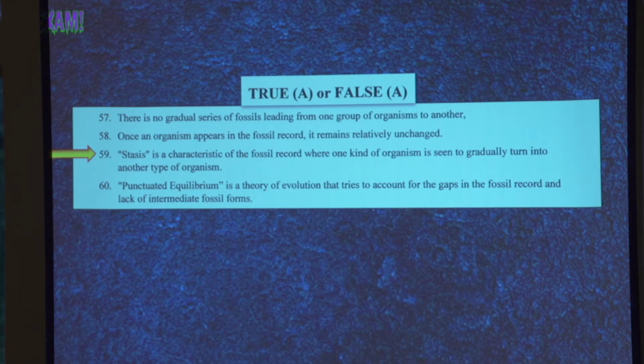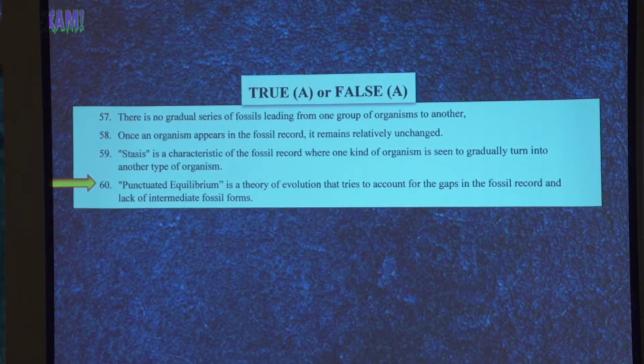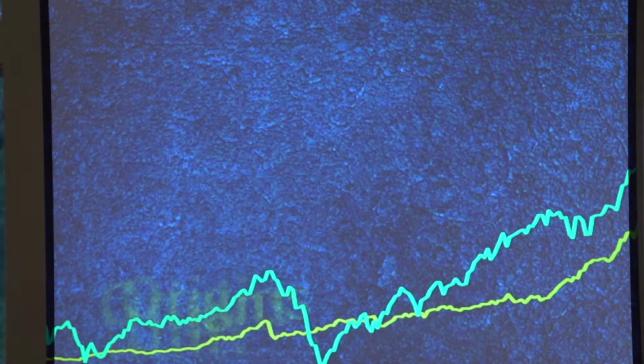It's just the opposite, so it's false. Punctuated equilibrium, which was by a Harvard professor. Punctuated equilibrium is a theory of evolution that tries to account for the gaps in the fossil record and lack of intermediate fossil forms. And that was by Stephen Jay Gould and Niles Eldredge who did that. And it's true that that is a theory of evolution.